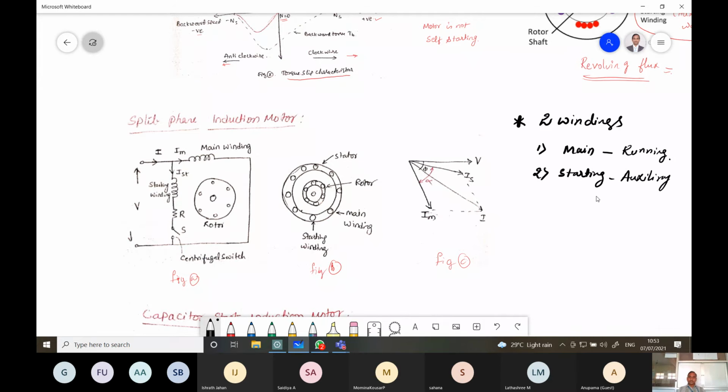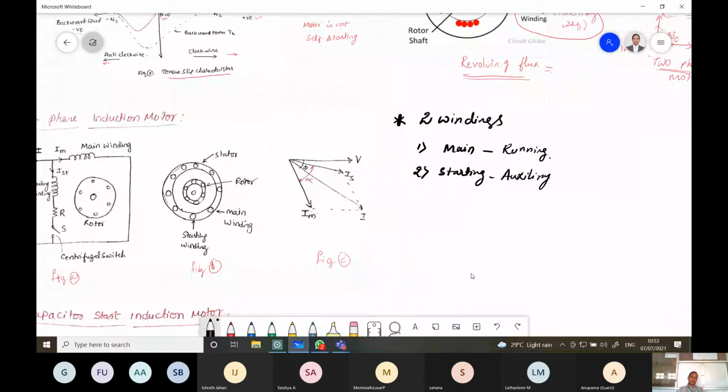In the main or running winding, the resistance is very low and the reactance XL is high. In the starting winding it is the opposite: resistance is high and reactance XL is low. These are important factors to know about the constructional features of a split phase induction motor.